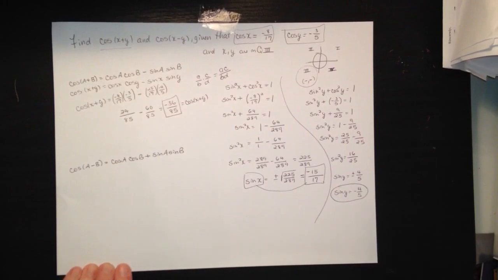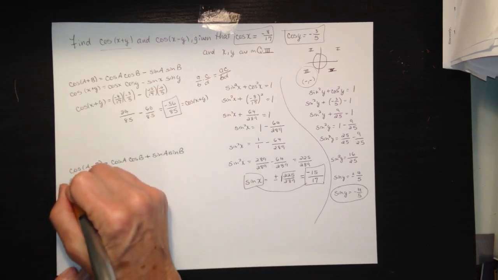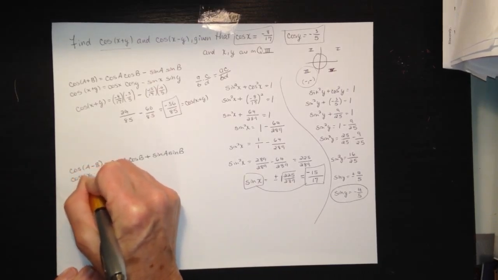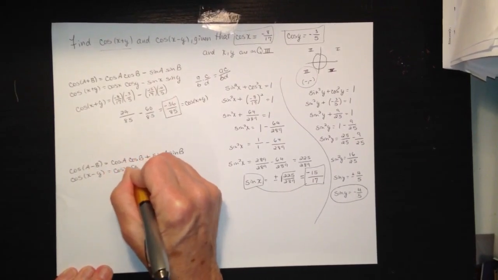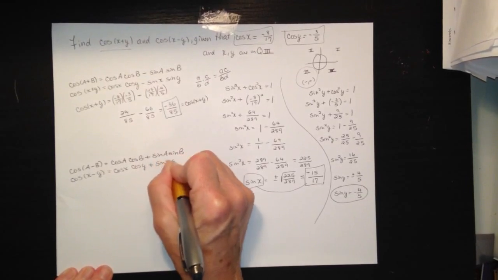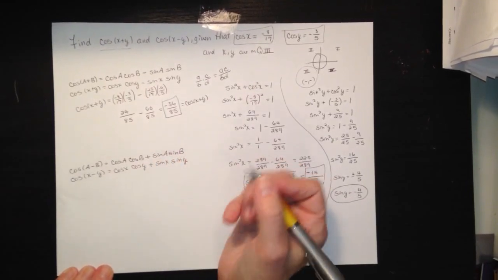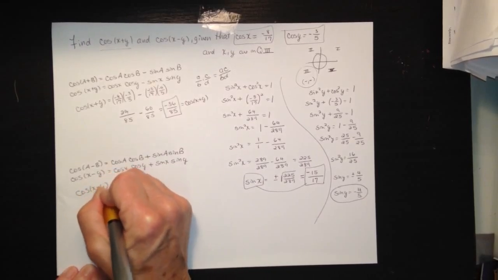Very similarly, I'll use the identity cosine of a minus b is equal to the cosine of a, cosine of b plus sine a, sine b. If I consider this to be x minus y, this becomes the cosine of x, cosine of y plus the sine of x, sine of y. I'm just going to plug the values in since we've already done that work.